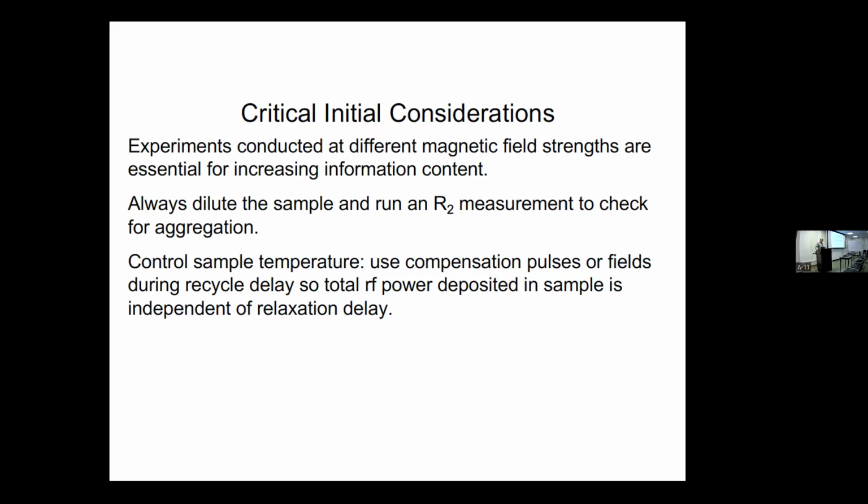For example, if a Carr-Purcell-Meiboom-Gill experiment is being done, the number of 180-degree pulses during the relaxation period is changing. And then there would be dummy pulses in the recycle delay to make sure that the same amount of power is going in. Of course, it can be tricky to figure out when to do that, because you don't want those dummy pulses to be affecting your starting magnetization, because that then would be a systematic error.